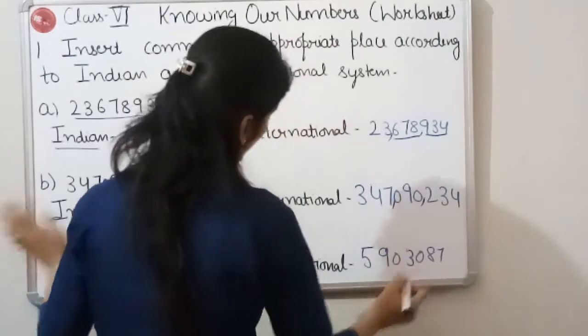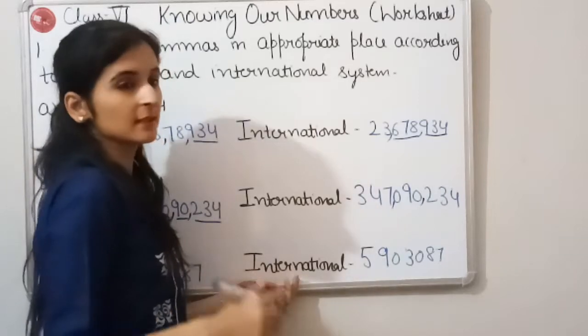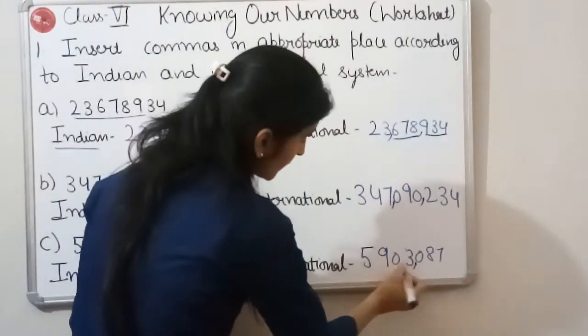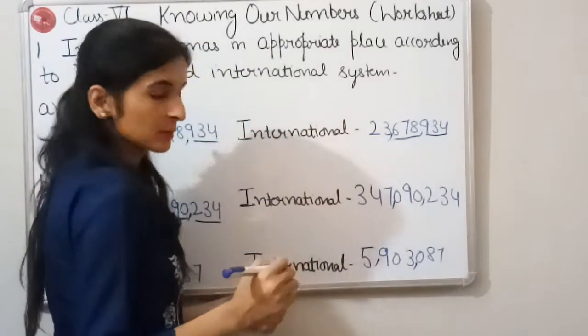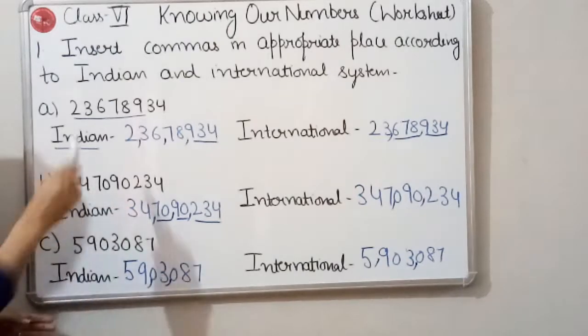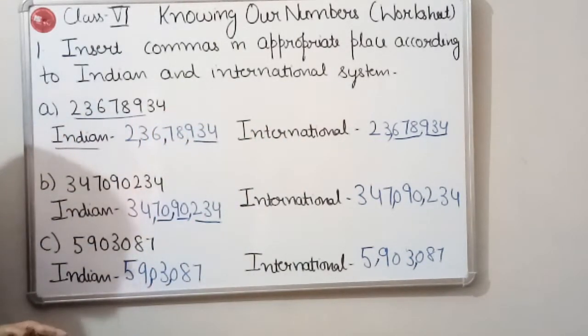According to the international number system, what do we have to do? We just have to leave 3 places and put a comma. Fine. So that is how we put commas according to the Indian and international system. That was about putting commas in between the numbers.